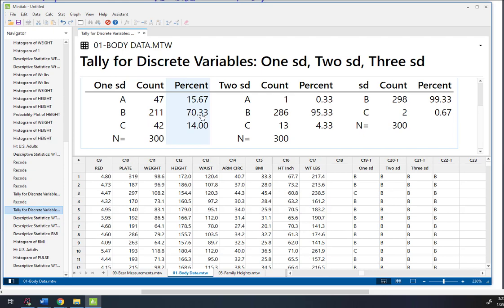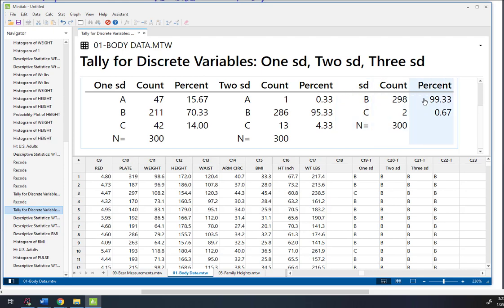What did I say the guide was? 68%. So not too far off, huh? And this is 2 standard deviations. So how many of our pieces of data fell within 2 standard deviations? Well, 95.33%. Empirical rule said you should have about 95%. That worked out pretty well.